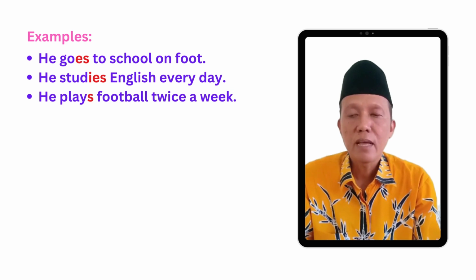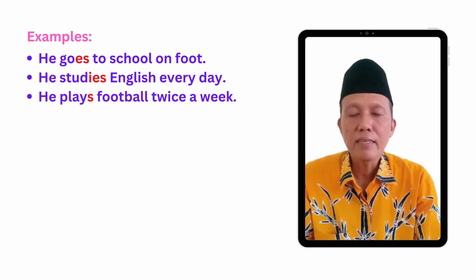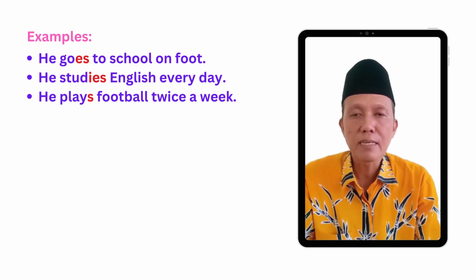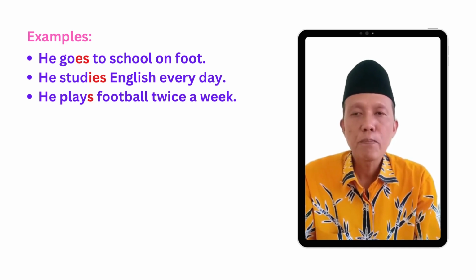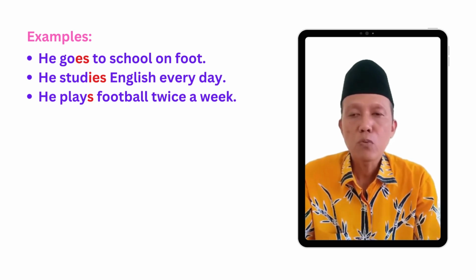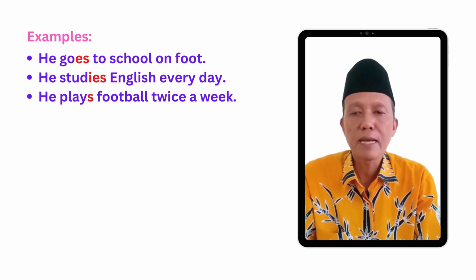We add IES at the end of verb study because study is a verb that ends in consonant plus Y. So we add IES at the end of verb study.